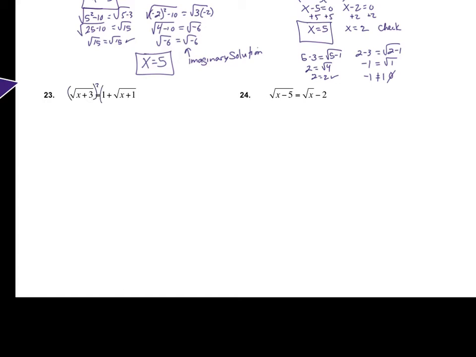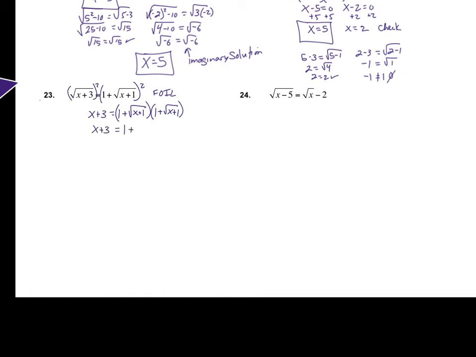Number 23, we're going to square on both sides. Once again, since we've got 1 plus the square root of x plus 1, we have to FOIL that. So the left side gives us x plus 3. We're going to multiply 1 plus the square root of x plus 1 times 1 plus the square root of x plus 1.